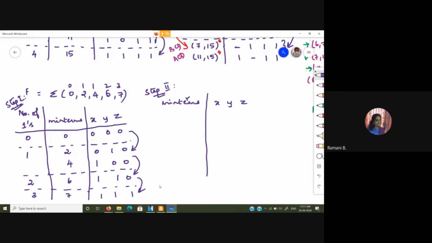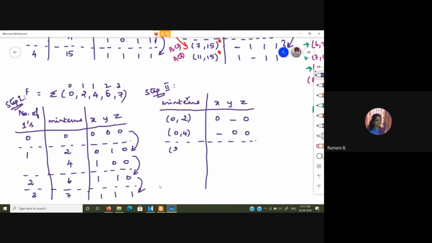Generally we won't do the tabulation method for 3 variables, but just for easier understanding I have taken this example. So 0 with 2 gives 0 dash 0, 0 with 4 gives dash 0 0. So we have compared both of these, and the first grouping is over.